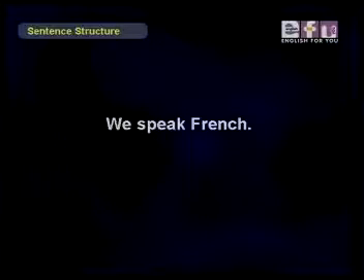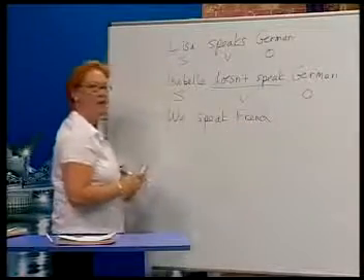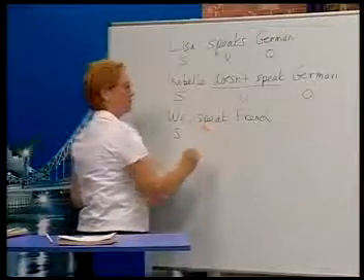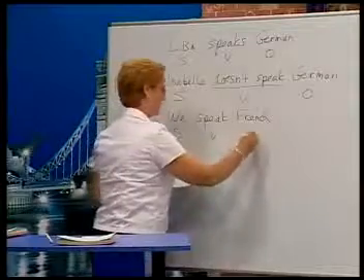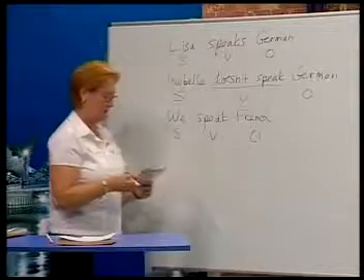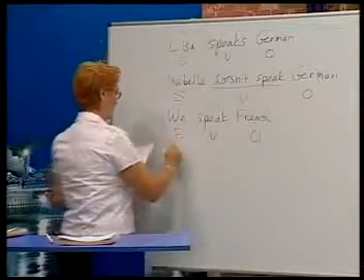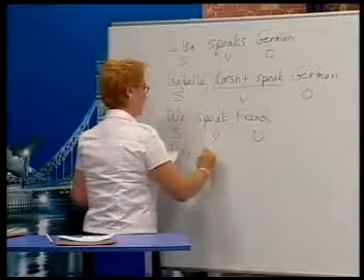Okay, one more. We speak French. Okay, Ali, you tell me the parts of the sentence. We is the subject. Speak is the verb. French is the object. Yes, very good. Now, Lisa, here's another one.